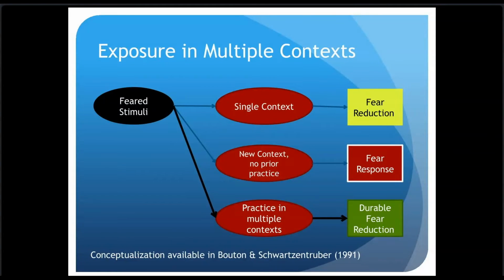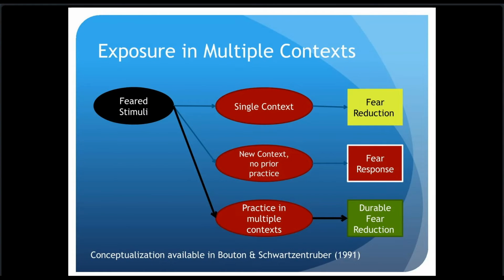So exposure in multiple contexts, this is, again, one of those areas that I think many clinicians already do. If you're good at exposure and if your clients respond well to treatment, you probably have done this before. And here's how it goes down. So person has a feared stimulus, you do it in some specific context.